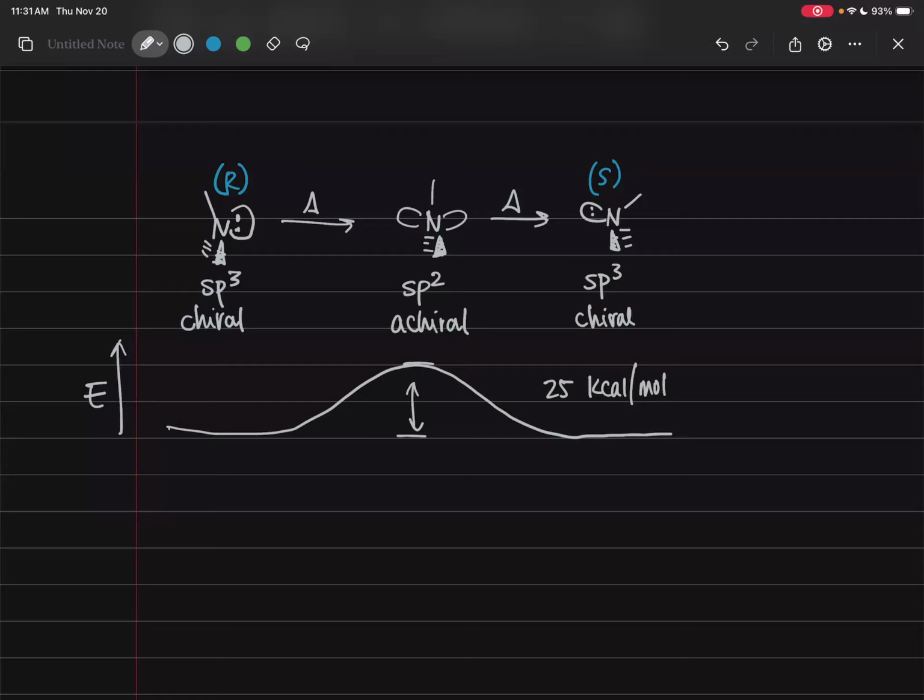And that's pretty easy to do at room temperature. So what actually happens, when you've got a flask of some sort of amine just in the laboratory, it's going to be a mixture of both of these stereoisomers, and they're going to interconvert between each other. If you actually want to be able to isolate one of the isomers, you usually have to cool it way down, to the point at which you can no longer get over this energy hump, and then they get locked in their configuration.